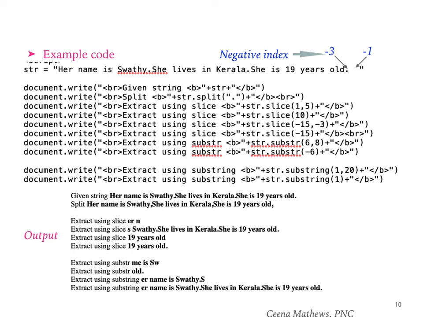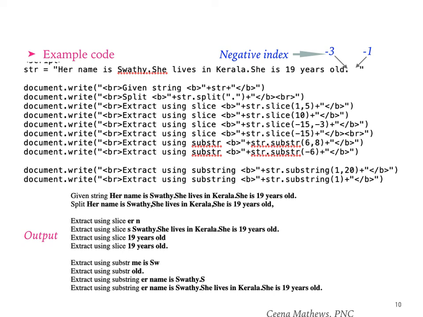The character at position 5, index 5, is not extracted. You can see in the output, it displays ER and a space N. Okay.